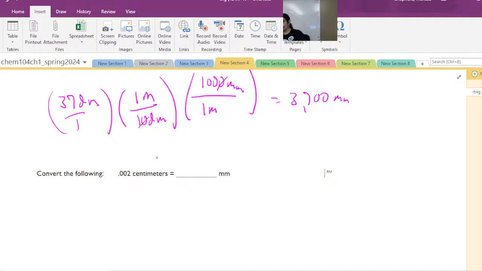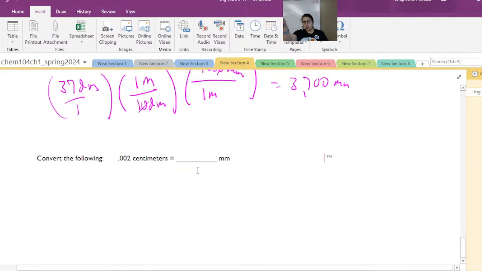What do we do? Any thoughts over here? I did the hard way. I know it's much easier, but I'll do centimeters, meters. Let's do it. So, right, she mentions that's a hard way.